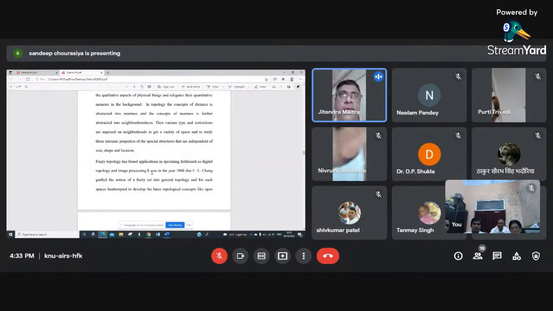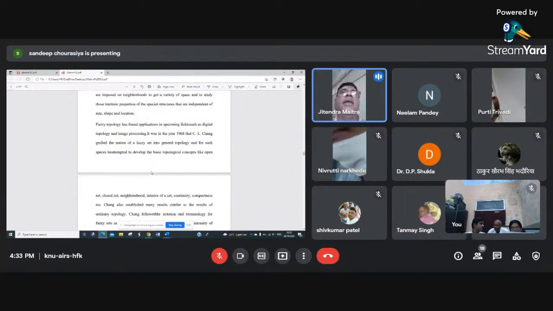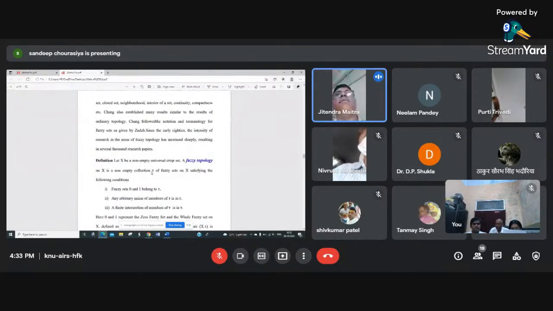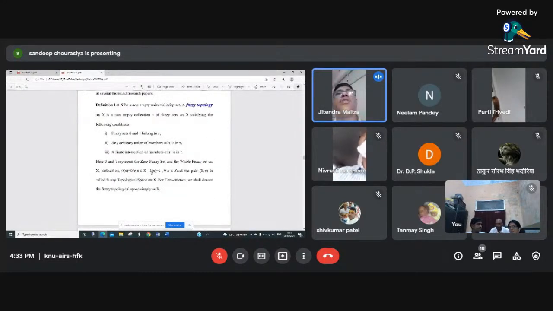If that family satisfies some conditions, first, the empty set phi and the whole set X belong to that family, that family is closed under finite intersection, and that family is closed under arbitrary union, then we call it a topology, and X is a topological space with respect to the topology. That is the definition of a topological space.